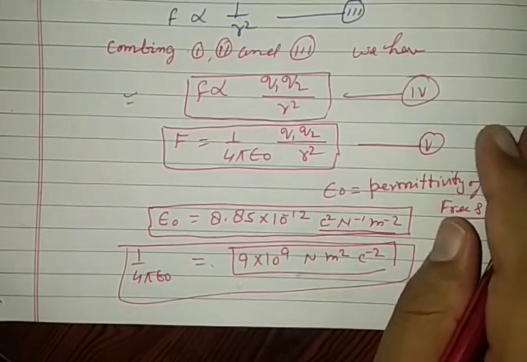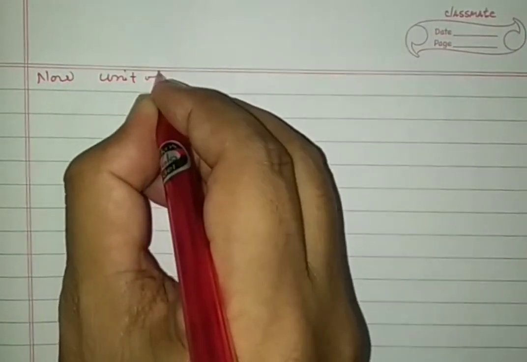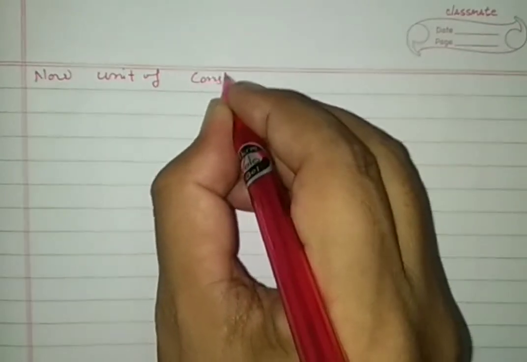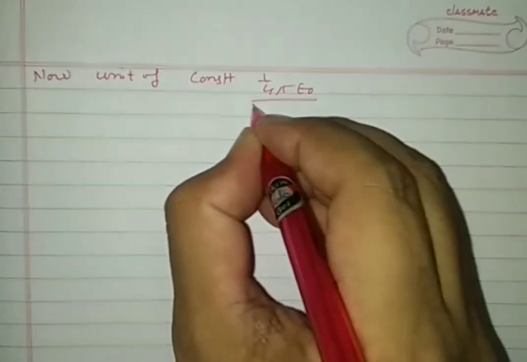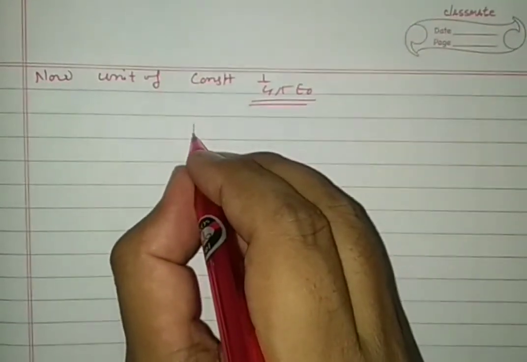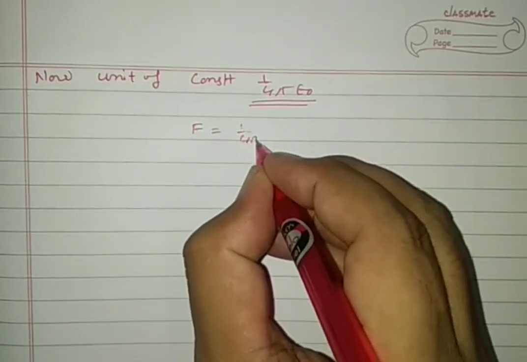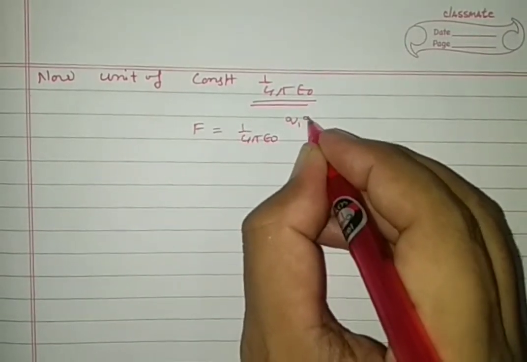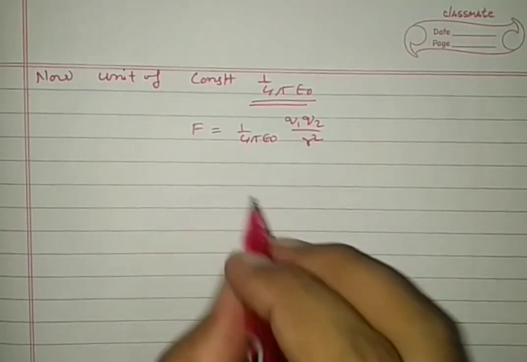This is the formula. Now we are going to see the unit of the constant 1 upon 4 pi epsilon 0. See here, since the formula is F is equal to 1 upon 4 pi epsilon 0 Q1 Q2 by r square, right?